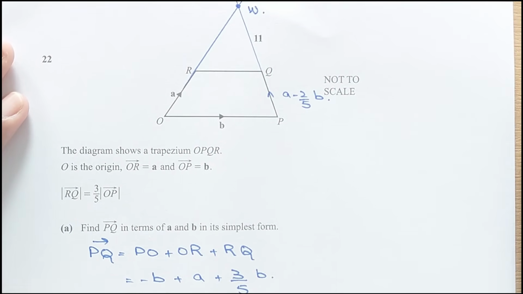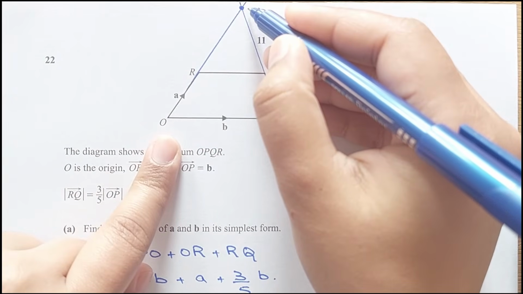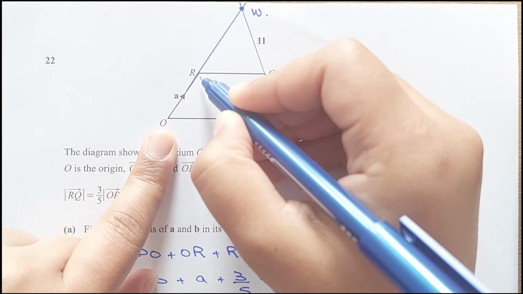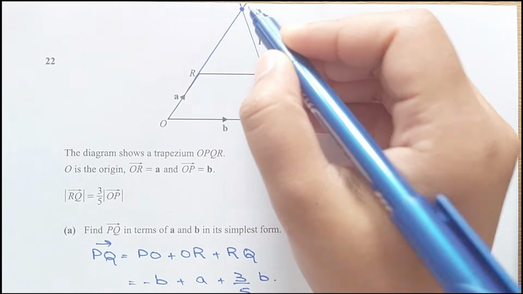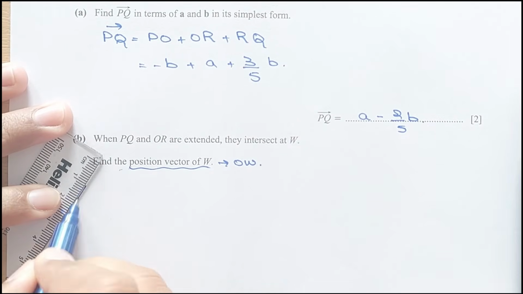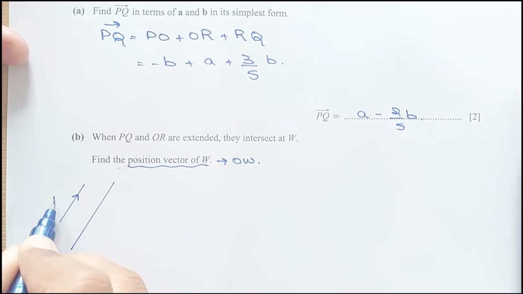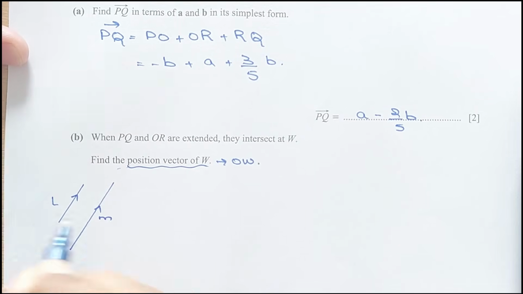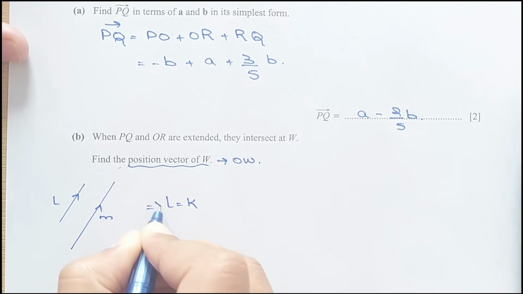So here we have to use the concept of parallel lines. As we know, the line OW is parallel to the line OR, right? When two lines are parallel, we can write one line as a scalar multiple of the other line. Let me explain here. We have two lines, let's say this is line L and this is line M. These two lines are parallel, so we can say line L is some constant times line M, right?